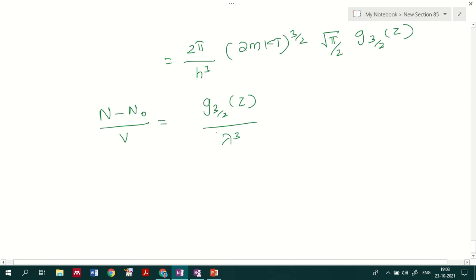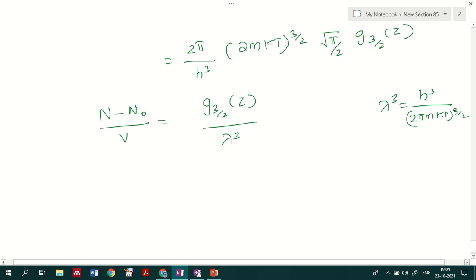Lambda cube you already know: it is h cube divided by 2π m kT, raised to 1 by 2, not 3 by 2.